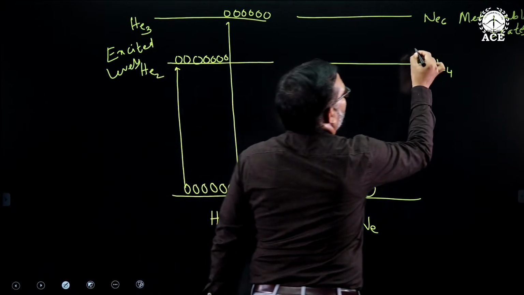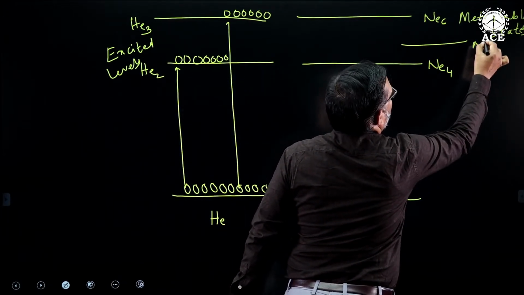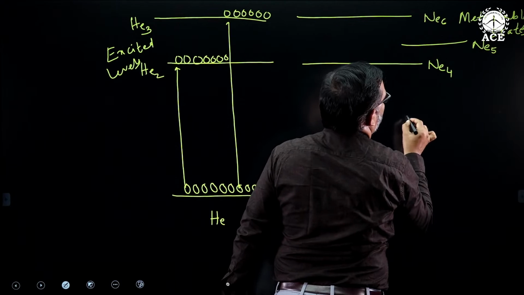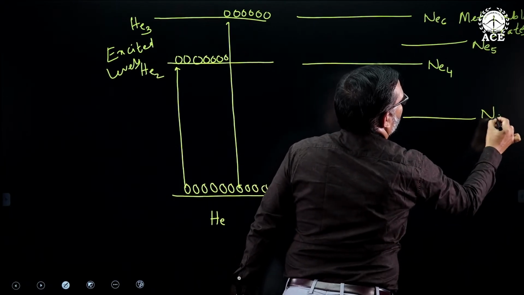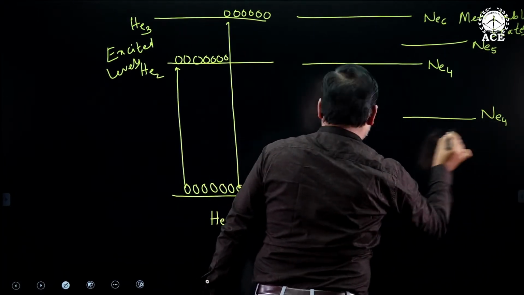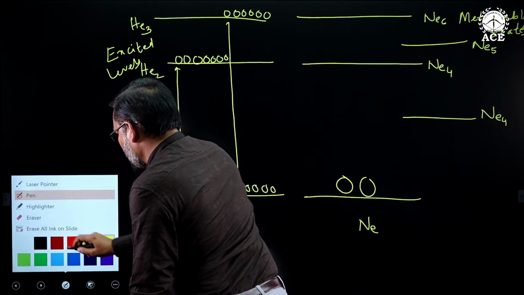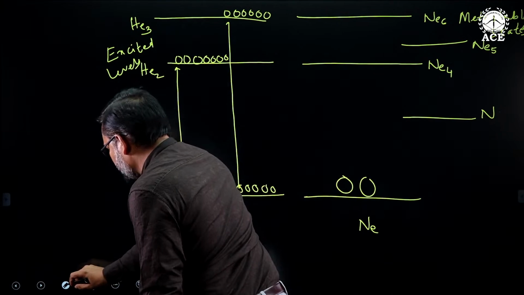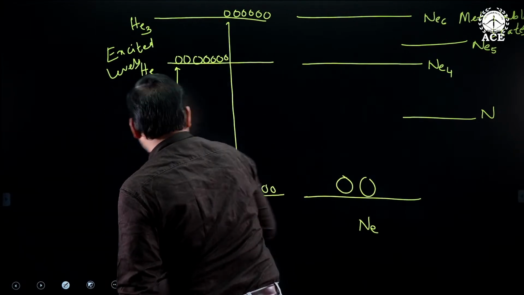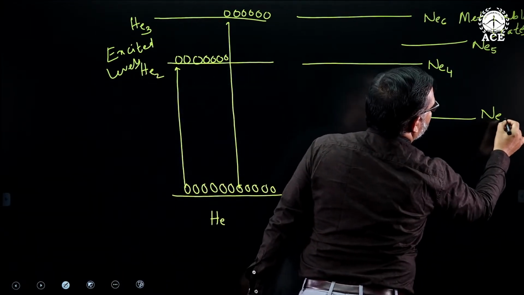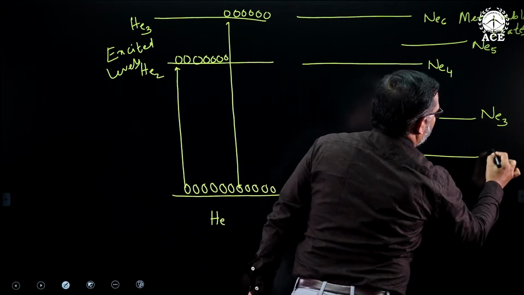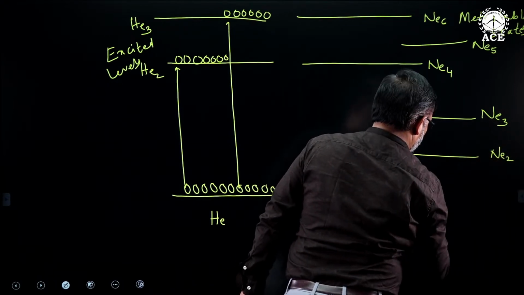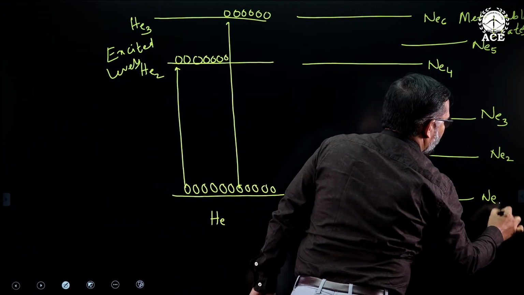Neon 4, and one more state is there, neon 5, then neon 3, next neon 2, next this is neon 1.